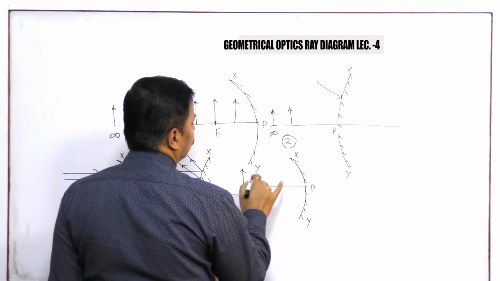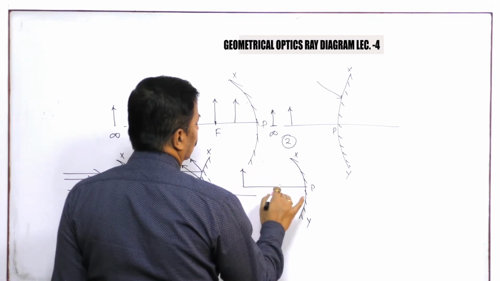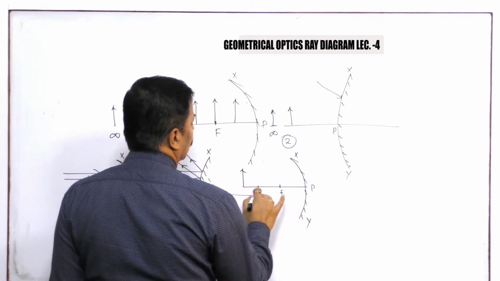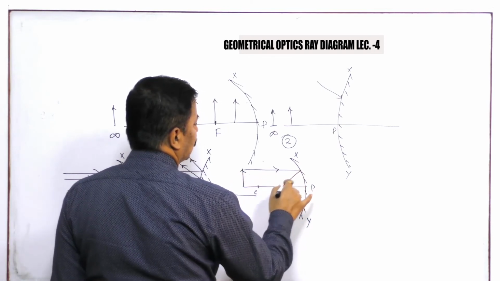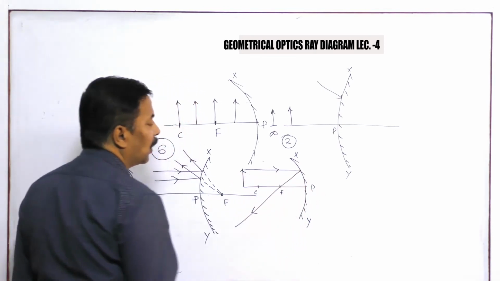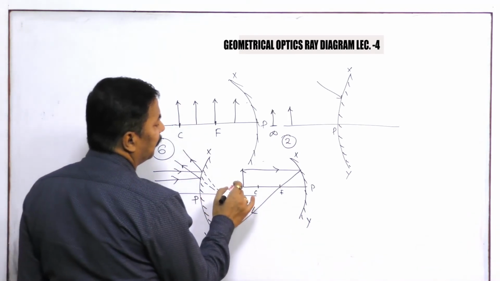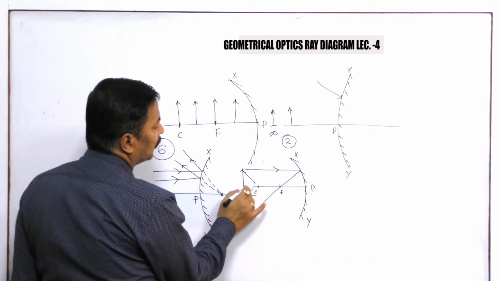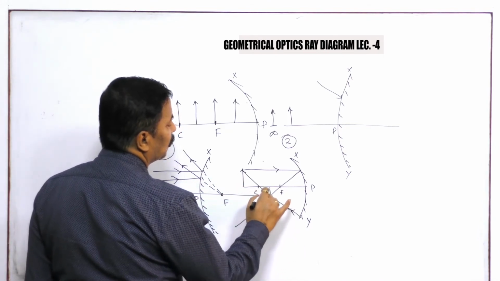Second case you take, beyond C, the object is there. So ray parallel to principal axis will pass through focus, and one ray passing through center of curvature will retrace its path.